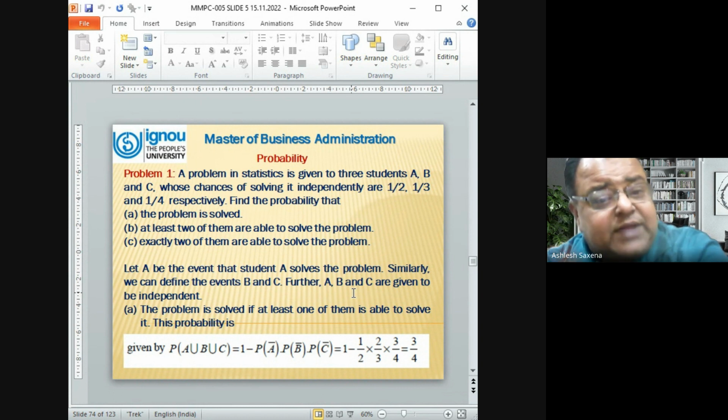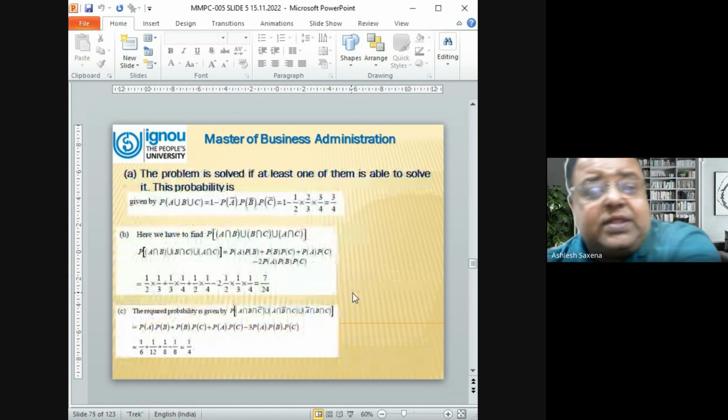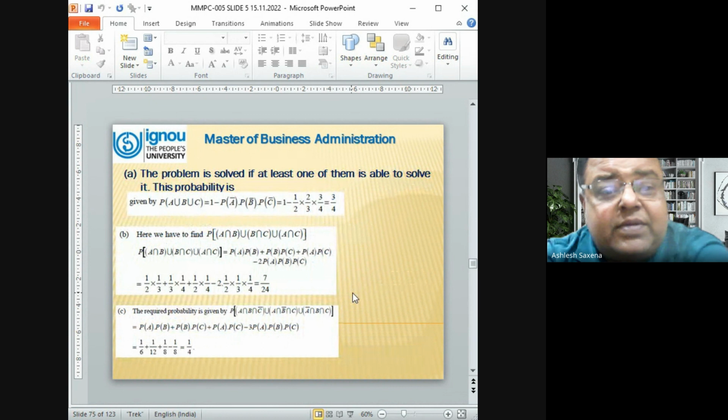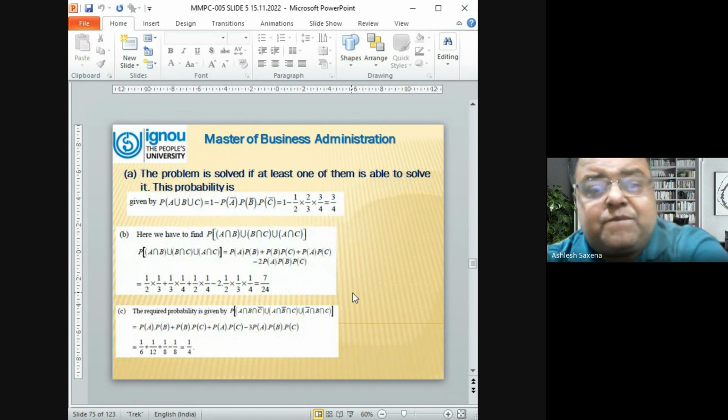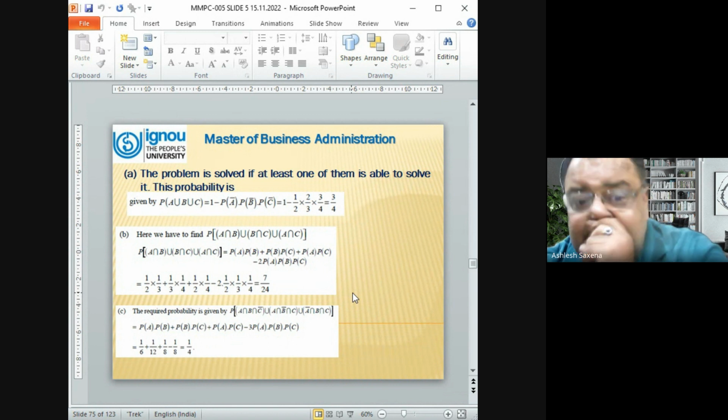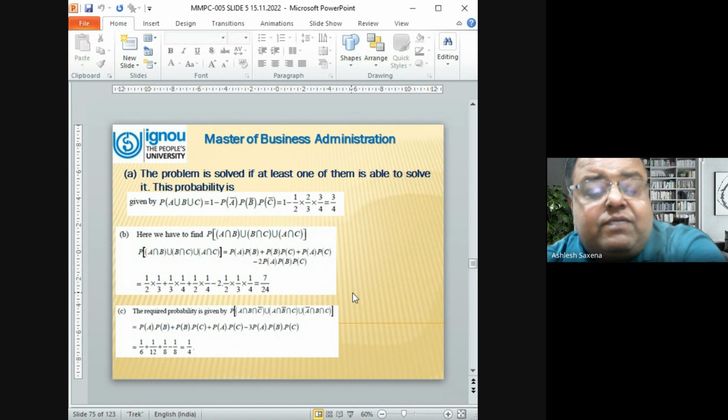Second part is that at least two of them are able to solve the problem. And that means what I will be doing. We have a very big relation for it. You can see that one has solved the problem.